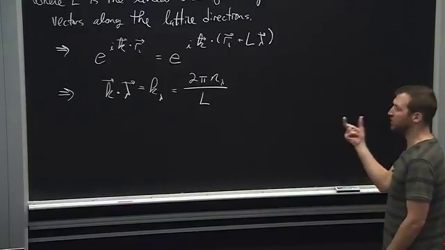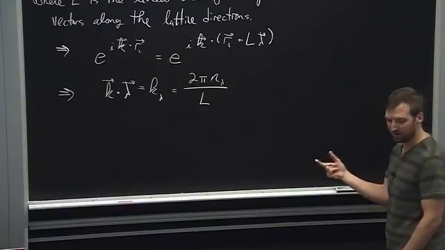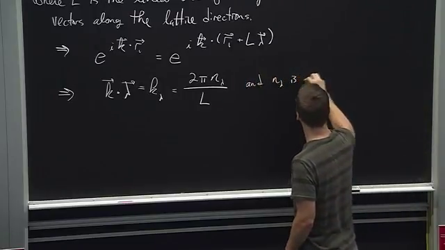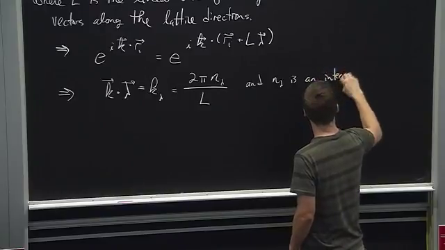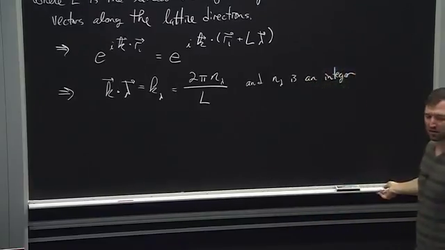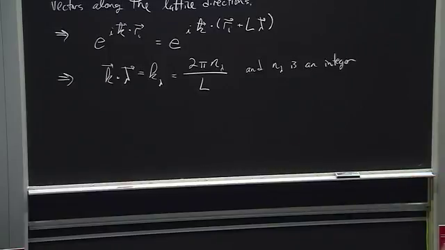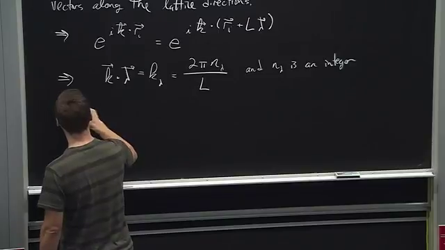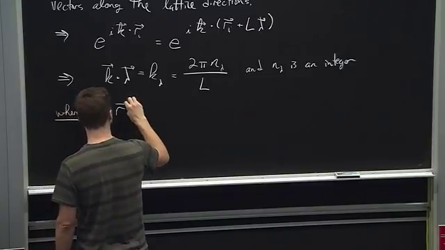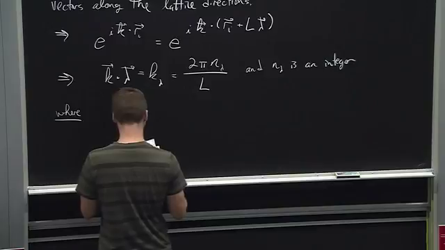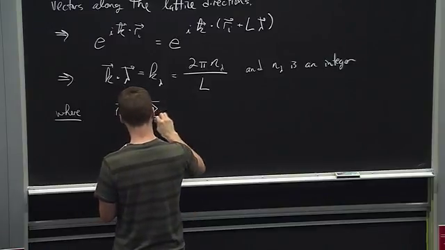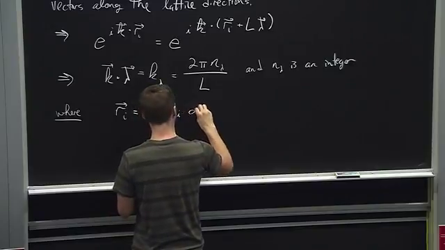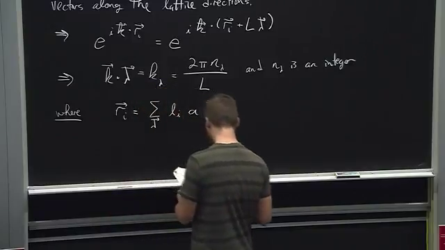where the lattice unit is just 2 pi over L, and n is some integer. Okay, so it's basically defining your lattice in K space, where, remember, in position space, your R vector is a sum over all those unit vector directions. And I'll introduce A here.